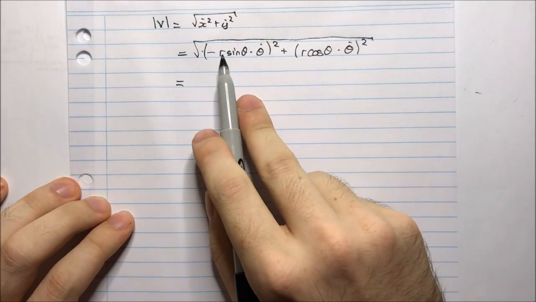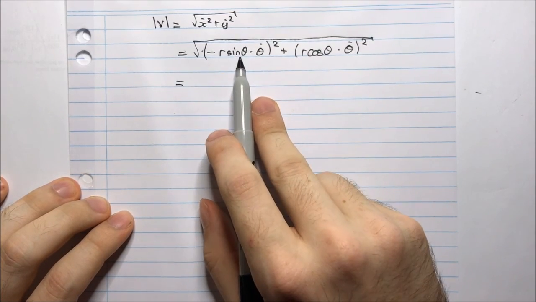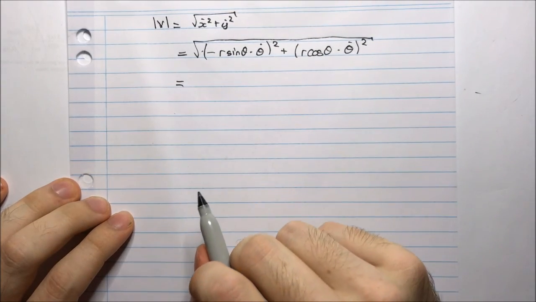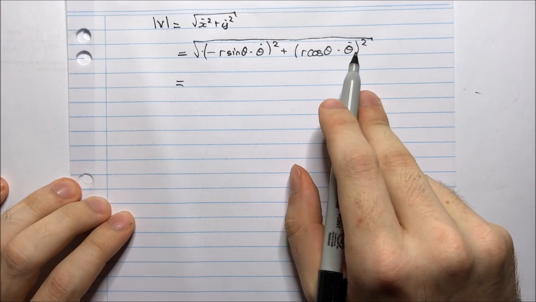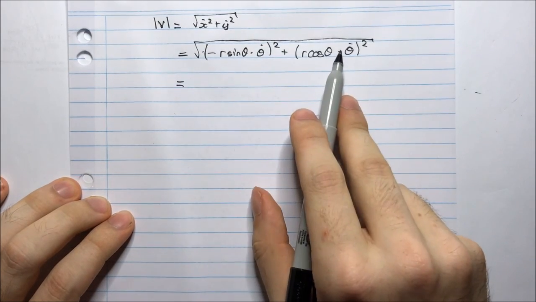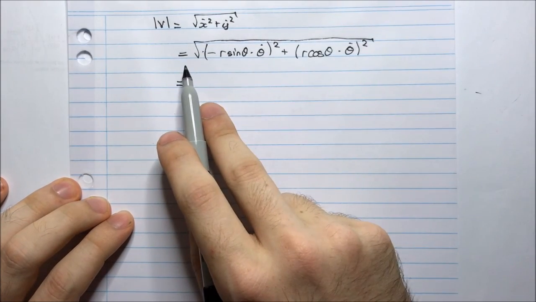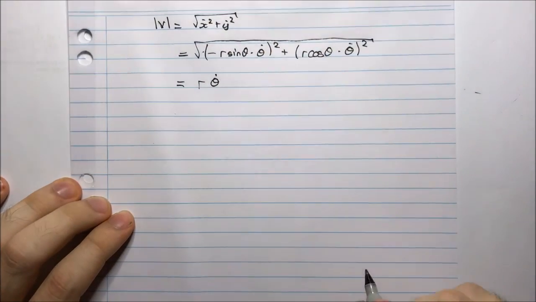Now, when I take the square of this, the negative will go, and I'll have r squared sine squared theta dot squared. And here I'll have r squared cos squared theta dot squared. So I can take out a factor of r squared theta dot squared from each term, and then when I take that outside of this square root, it'll be left with r times theta dot.